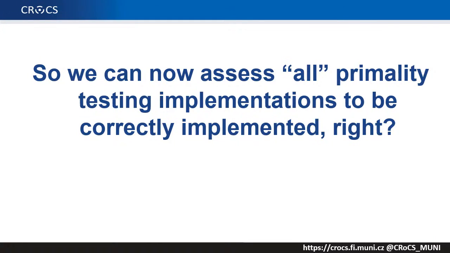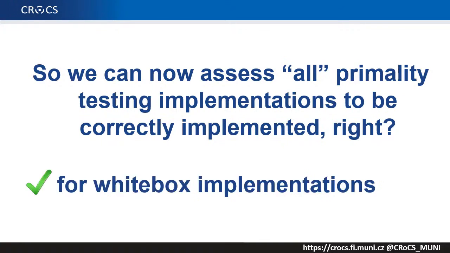All this is well known, so the question is, can we now just go through all implementations of primality testing and check whether they are correctly implemented? This is true for white box implementations where we do have the source code. We can just check whether they are using random witnesses, enough of them, and so on.